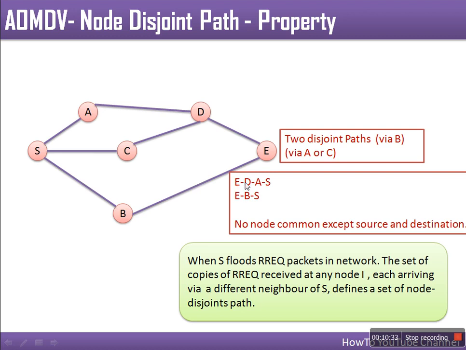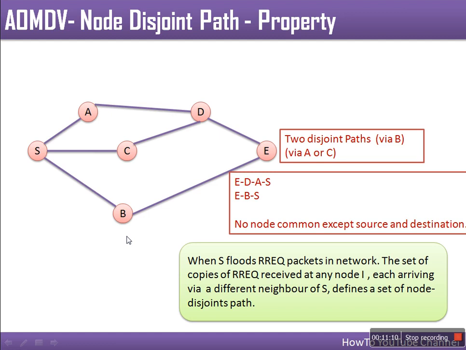One will set this path E to D, D to A to S, and another one E to B, B to S. In this one, we can see that after S there is neighbor A and neighbor B. So if route request query packets are coming via unique neighbors of the source, those query packets set a node disjoint path. So in this complete scenario, two node disjoint paths will be set, one S B E and one S A D E.